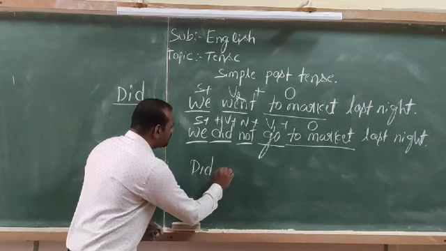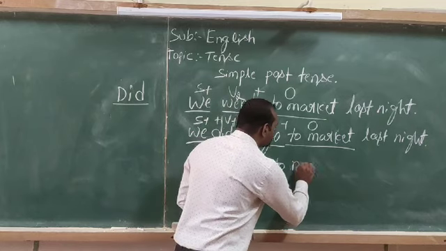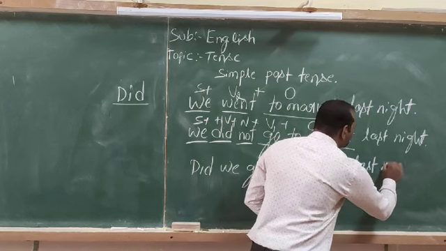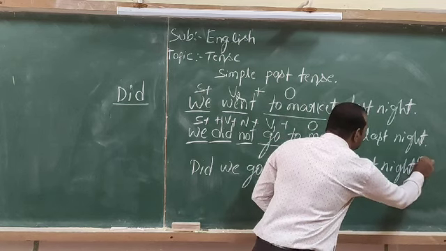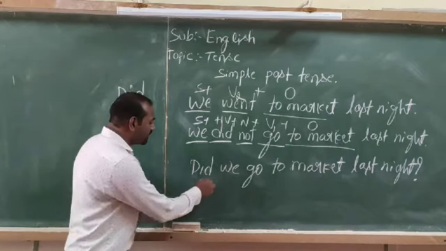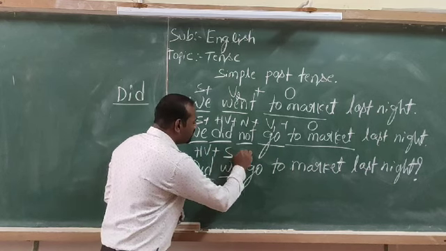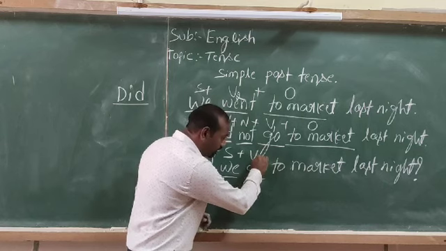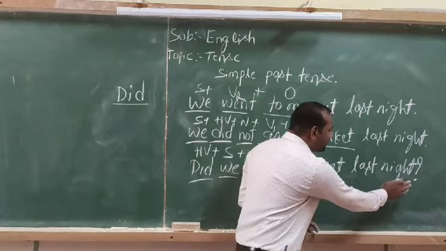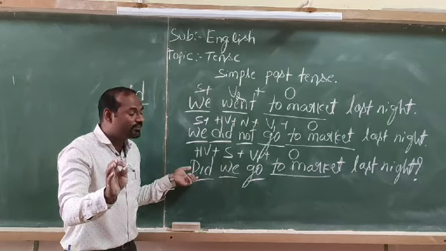Did we go to market last night? Question mark. Here, did stands for helping verb, we stands for subject, go stands for verb in the first form, and the rest of the sentence is called object. At the end of the sentence, we put a question mark because it is an interrogative sentence.